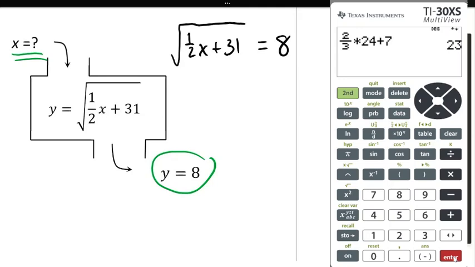So this is one of those settings where we can use the idea of looking inside to find a value of x. If I take a look at this expression, the entire thing inside here is 1/2 times x plus 31.